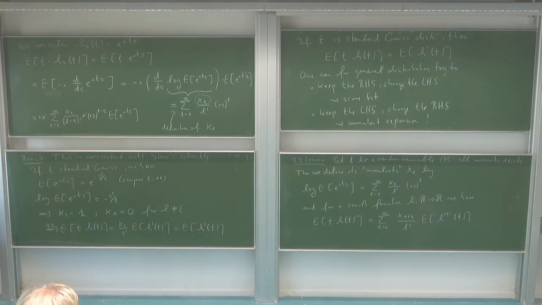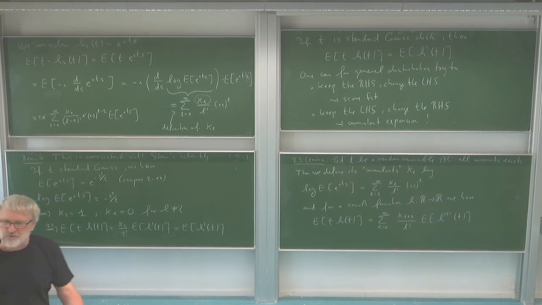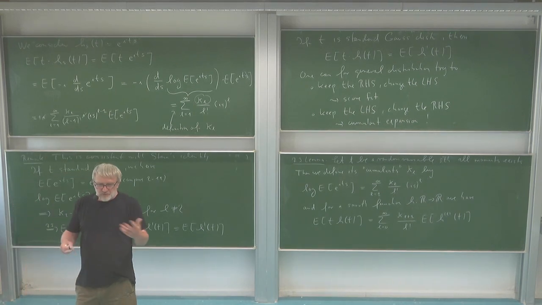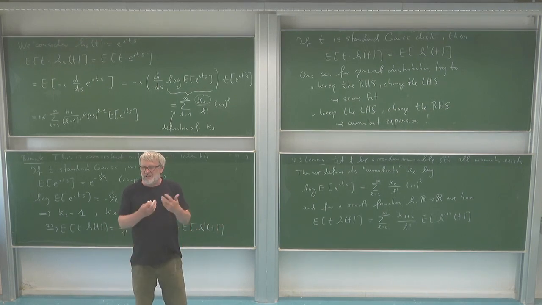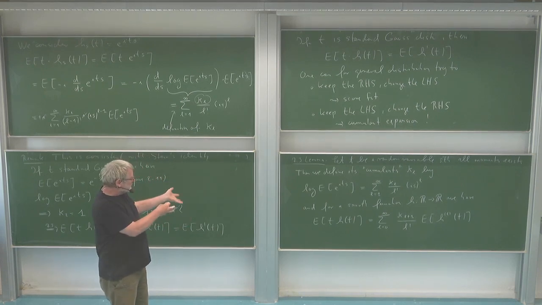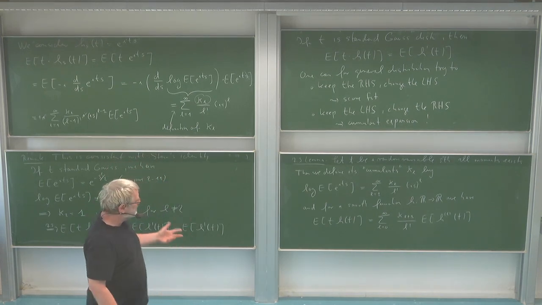Good, but of course this is the one-dimensional case, and what we need is the multidimensional one, because we have to calculate with all the entries of our matrix. We have the distribution of all the entries of the F matrix, and we have to see what the analog of this is.